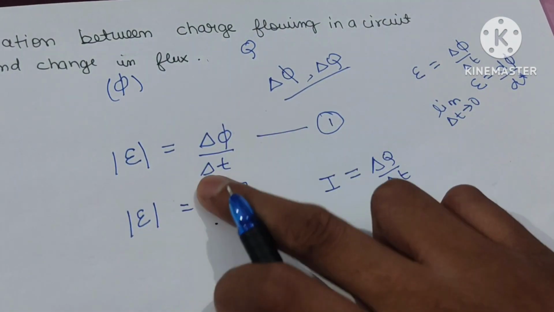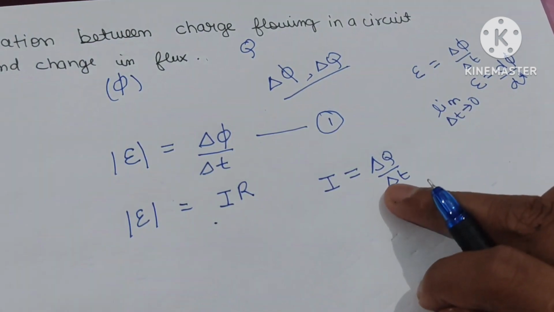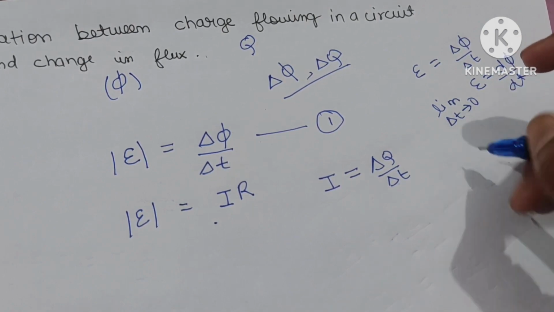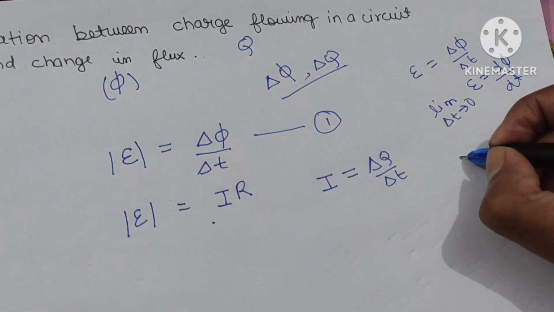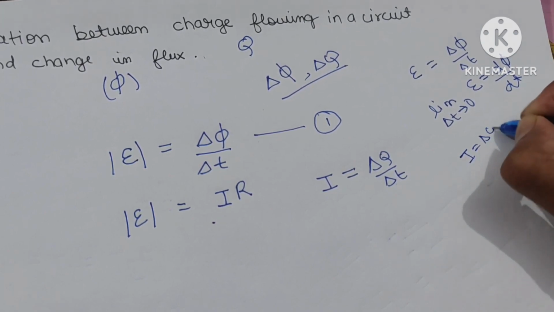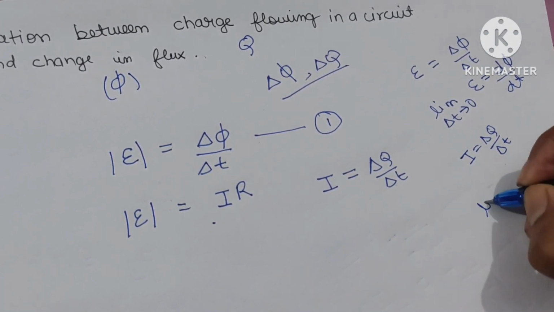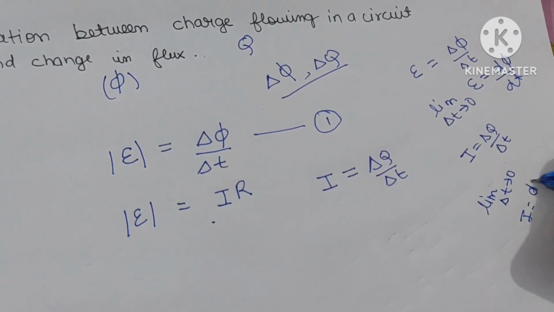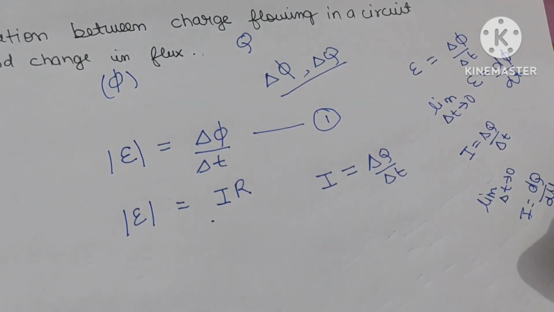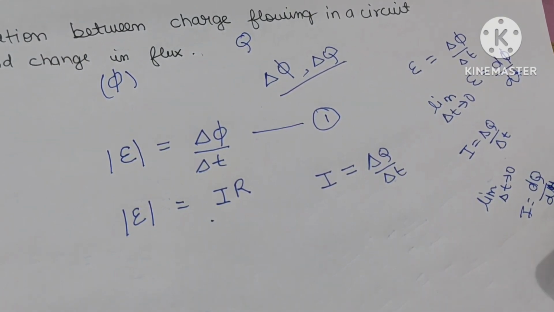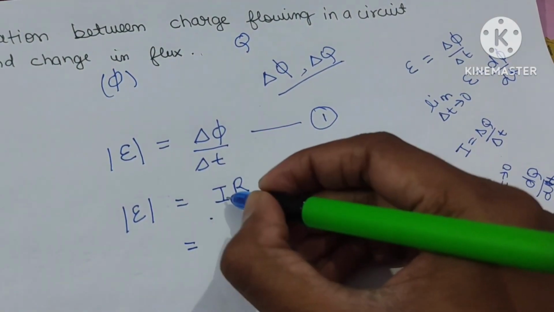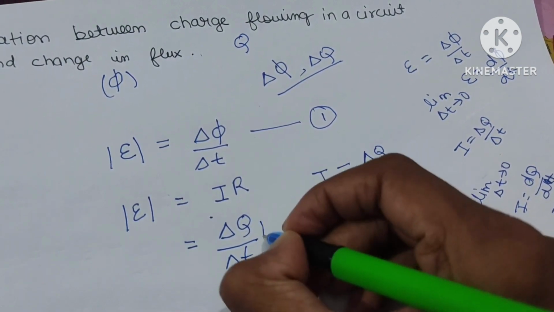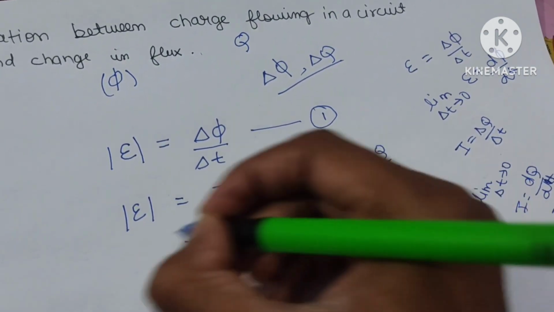If you take the limit of del t tends to 0, then I is equal to dq by dt. So instead of I we write del Q by del t times R. This will be equation 2.